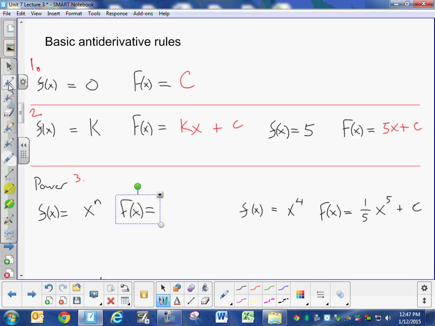1 over n plus 1 times x to the n. Exactly. 1 over n plus 1 times x to the n plus 1.